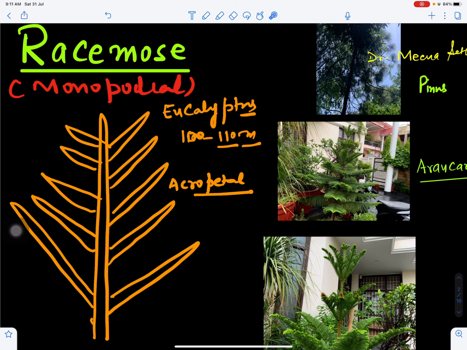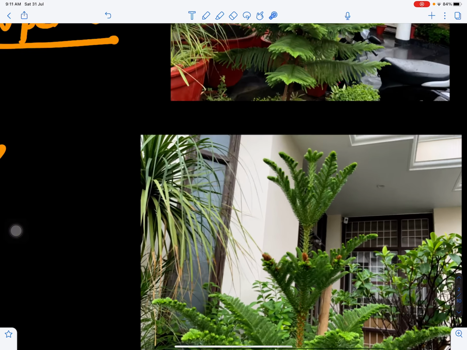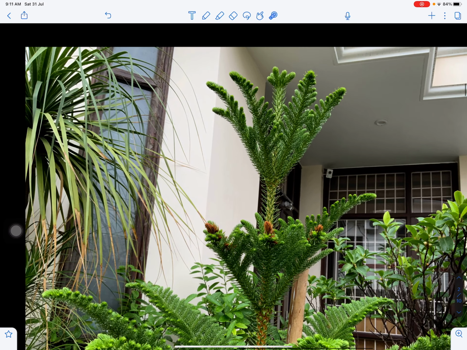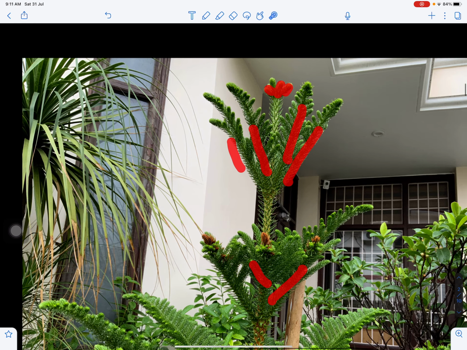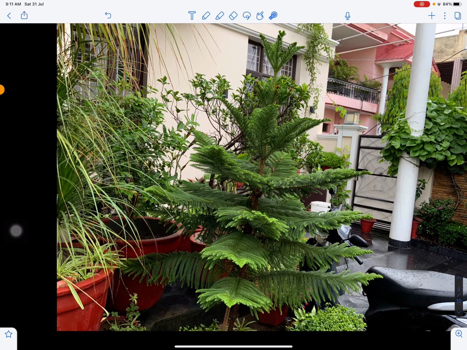Now we can see in these diagrams also, like this is the araucaria plant, also called Christmas tree. Now this is its main stem which is growing continuously, and here its growing point is located. So we can see its branches, these are the younger, and this is again younger. This is the whole plant we can see here.